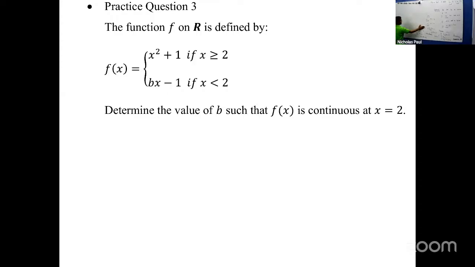They tell you it is continuous. So if you know it is continuous, you have to apply these rules here. So you're working in reverse, right? The question said it is continuous.